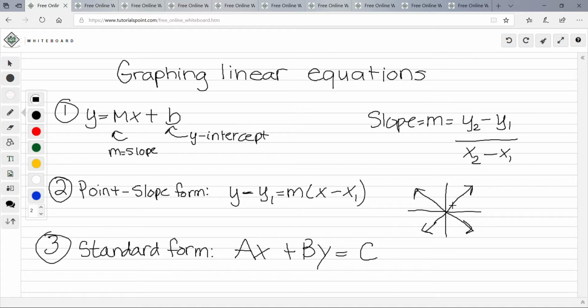They have a slope and they also have a y-intercept. But what isn't a linear equation is something like this. That's a parabola. It's not linear. This is linear. So a linear equation has a slope and a y-intercept, and it could be in three forms.